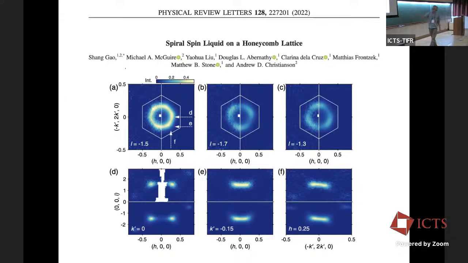And you see this circular shape where the intensity is maximal, because the system is exploring the available Q values where it can be a ground state, a low energy state. I think these are different temperatures here. And yeah, this is a comparison between experiment and theory. And based on this, they conclude that this is a nice example of a spiral spin liquid.